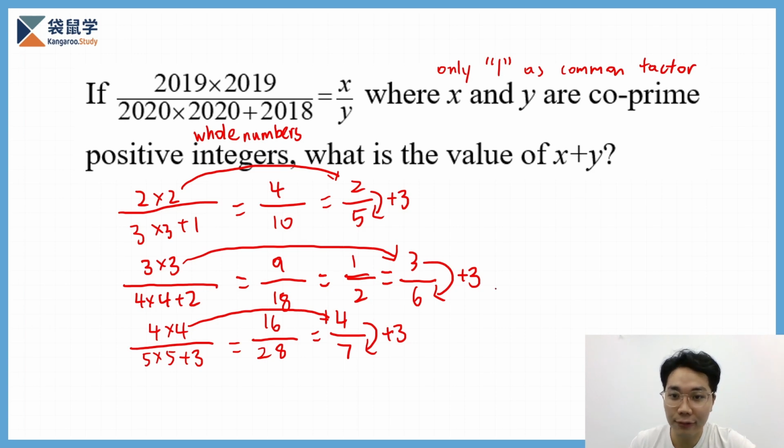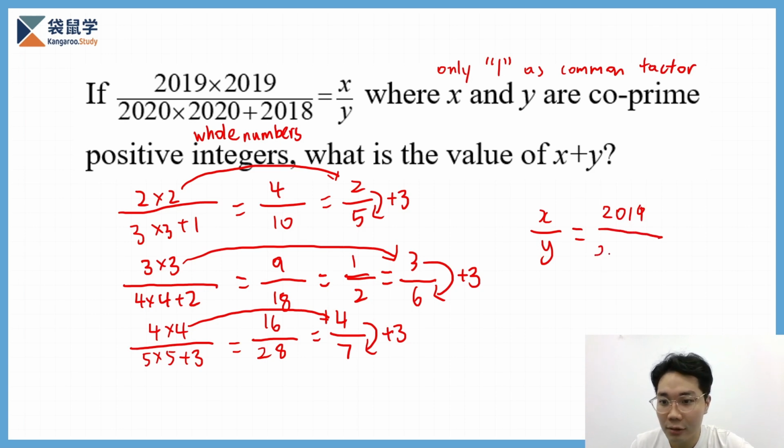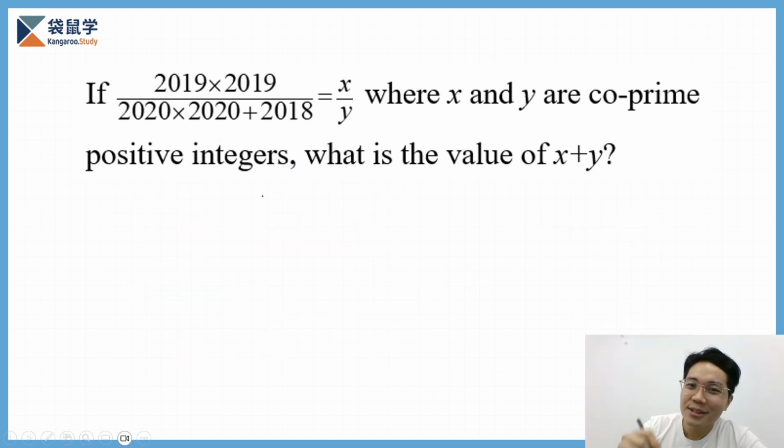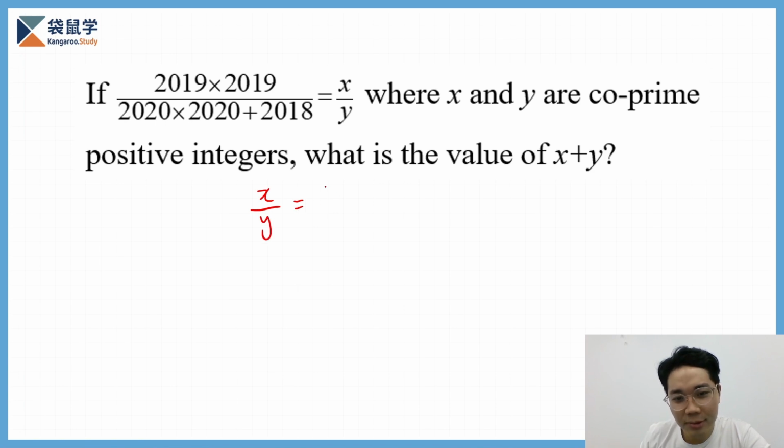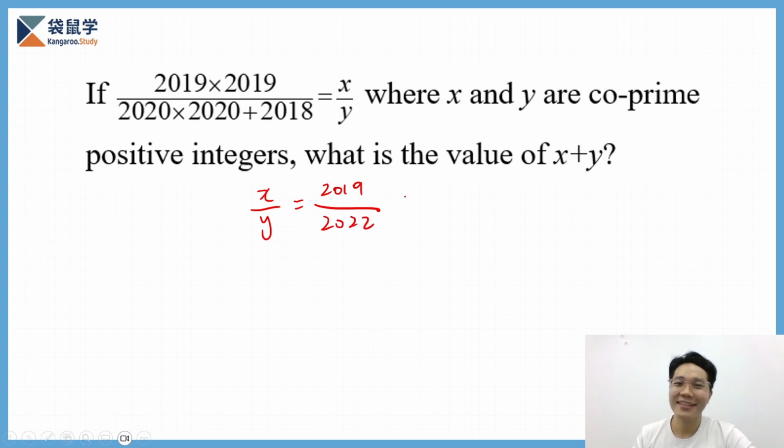And so the final answer for this is simply x over y, the first number 2019 and the denominator 2019 plus 3, which gives us 2019 over 2022. So once we find out that x over y is equal to 2019 over 2022, then we can solve the answer very easily.